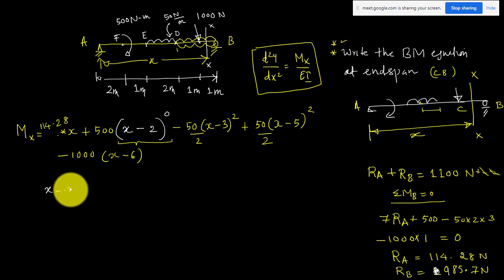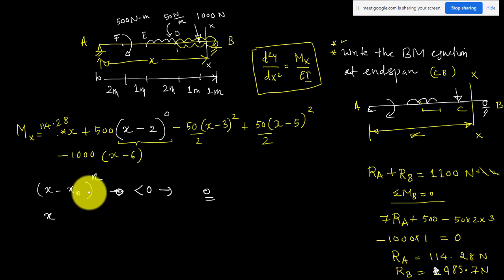So in general I will be writing (x minus x0), this kind of term. Whenever you are writing a moment for any section, if this term is coming negative, that means you have to take that term as 0. Another case, in general I'm writing (x minus x0) raised to n.